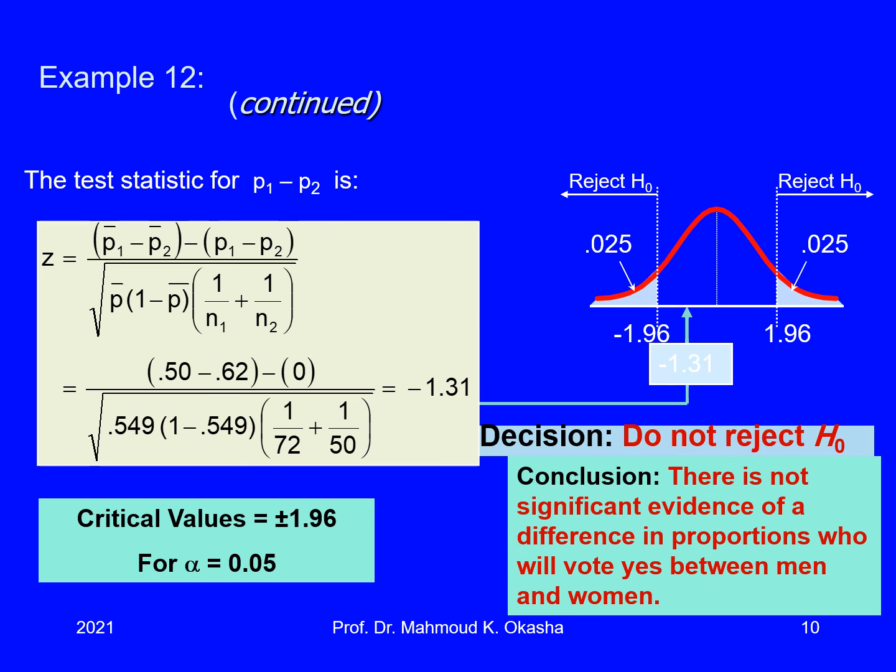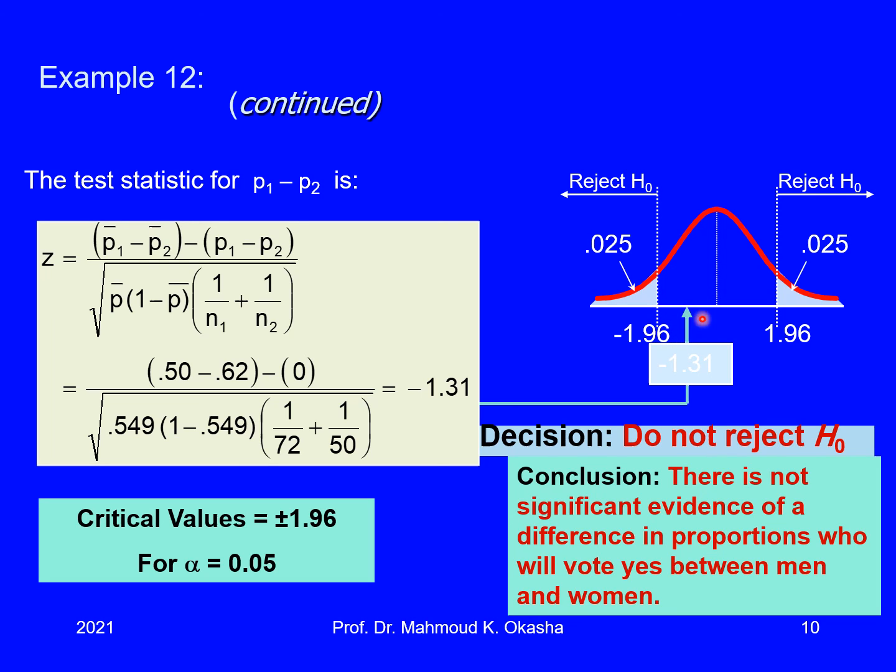So the calculated value of the statistic Z is minus 1.31, which comes after the critical value of minus 1.96. It's not in the rejection region, it's in the non-rejection region.